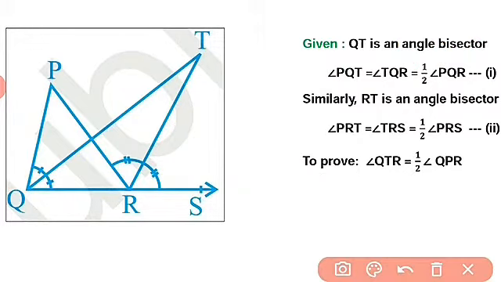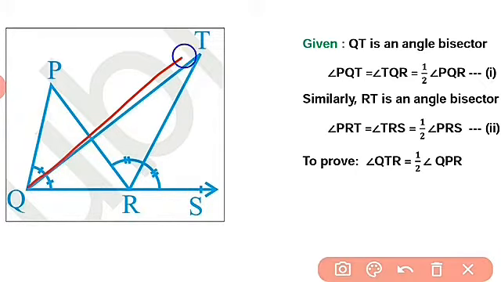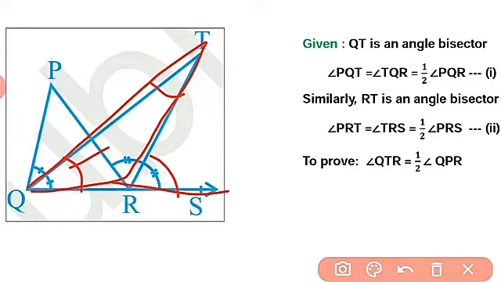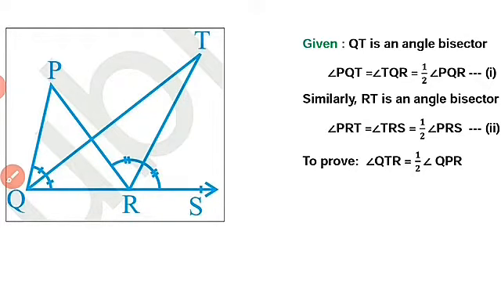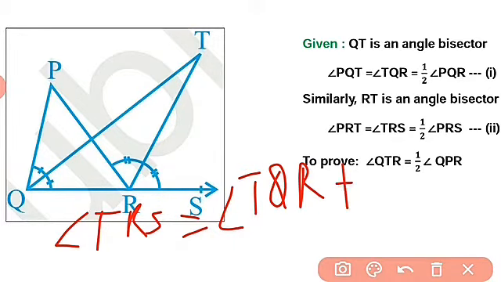Again, in the triangle QTR, QR is produced to point S, and this is the exterior angle for this triangle. So this will be equal to the sum of the other two angles. So angle TRS will be equal to angle TQR plus angle QTR.